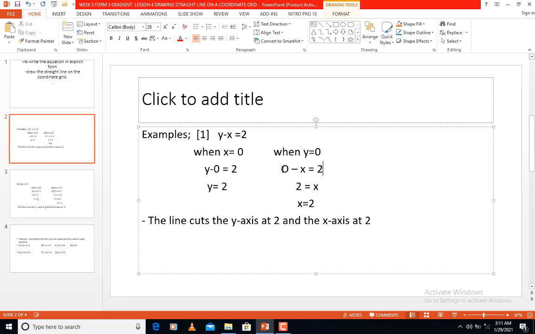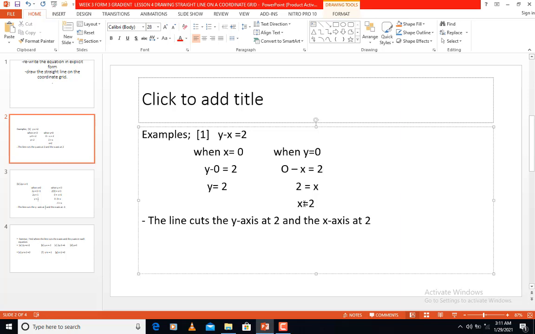What we have done here is we have substituted 0 where there is y. Then 0 minus x is equal to 2. Then we group the like terms. Now 2 is equal to x, which is x is equal to 2.